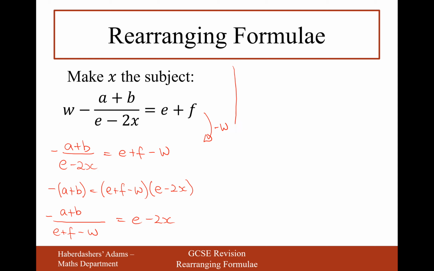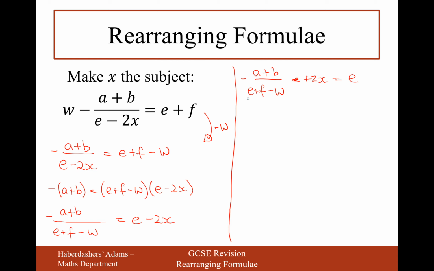X is in a bit of a negative situation here, so I'll add it to the other side. So it's going to be minus (a plus b) over (e plus f minus w) plus 2x equals e.